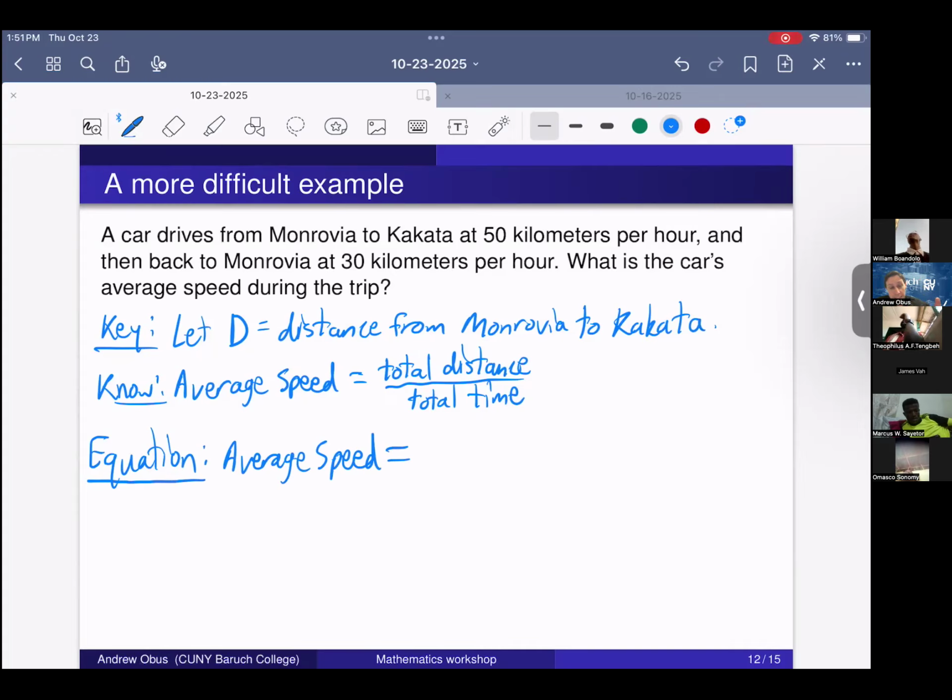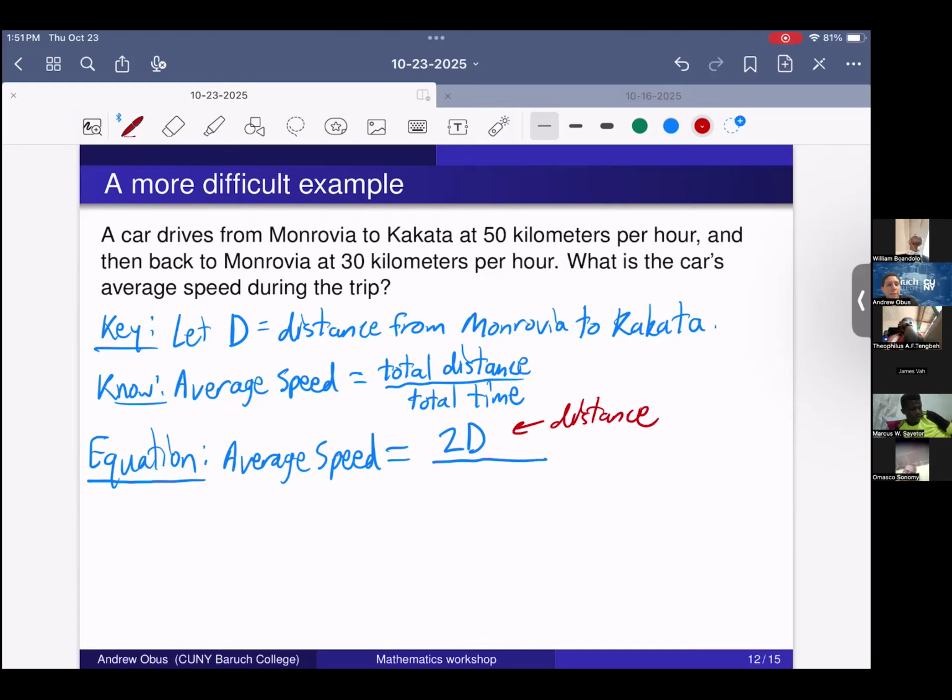So if d is the distance from Monrovia to Kakata, then driving there and back is going to be 2 times d, because you're doing a round trip, not a one-way. So the average speed is going to be 2d, that's the total distance, divided by the total time.